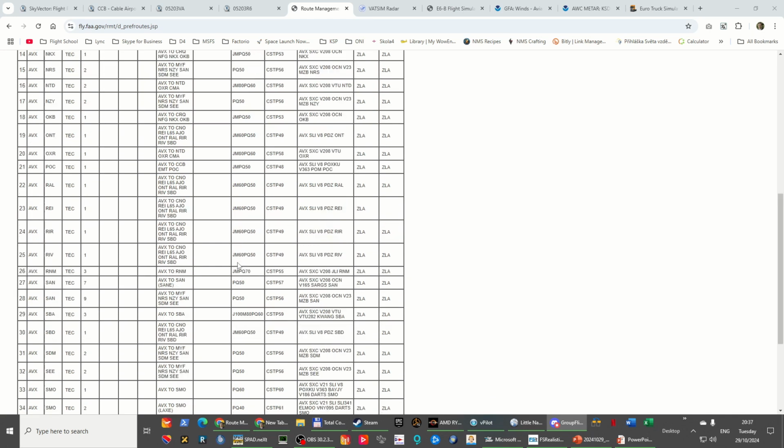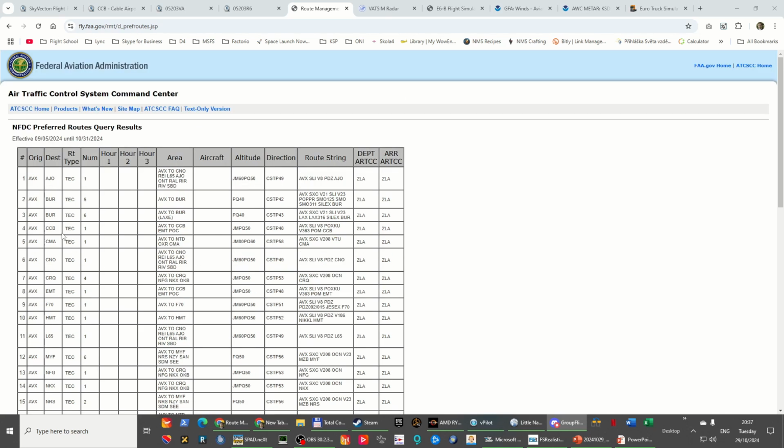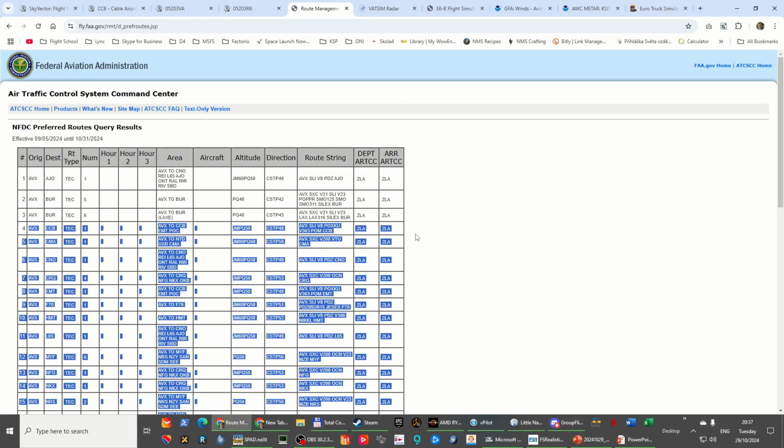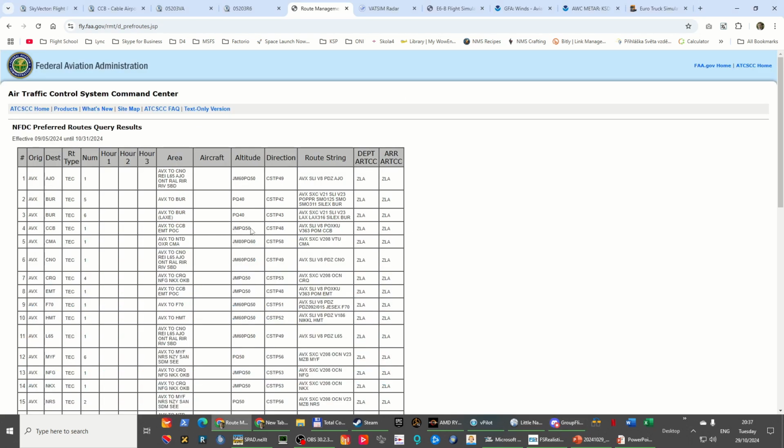But for us, what's important is this one, CCB. And as you can see, in our case, it's for all categories at 5,000 feet, so they don't separate. For example, this other one, they separate it, so for jets and turboprops they publish 6,000 feet, and for pistons, it's 5,000 feet.